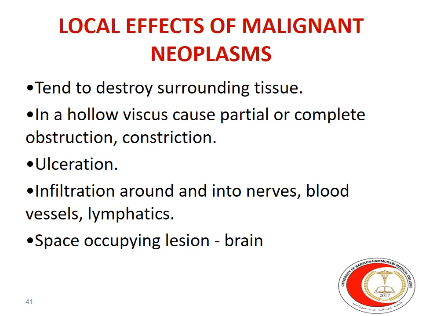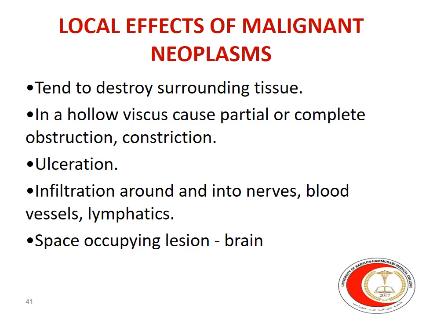While the malignant does invasion, it invades and becomes a part of the adjacent tissue or organs. In hollow viscera, it causes partial or complete intestinal obstruction and constriction, so narrowing of the lumen of the intestine.